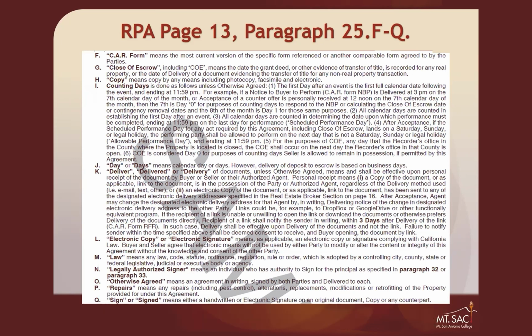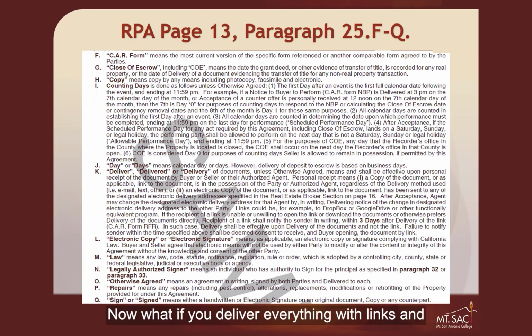All right. Now, what if you deliver everything with links and they don't like links or they can't open your links? They have 3 days to respond and say, your links stink. I don't like them. Send it to me as an attachment. So then you send them an attachment. What if they don't like your attachments?